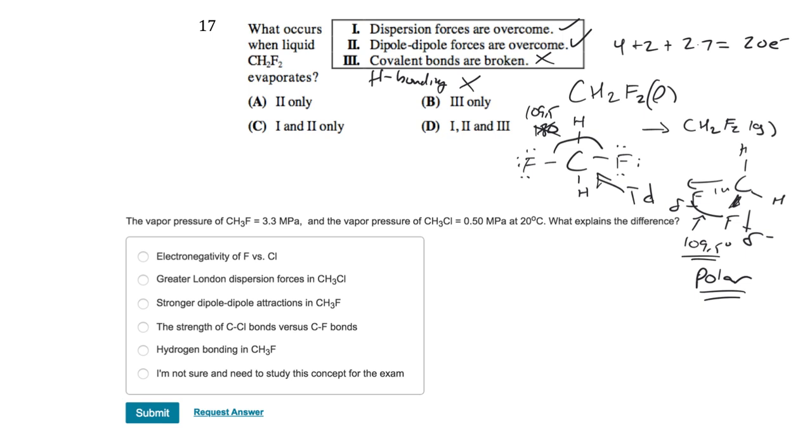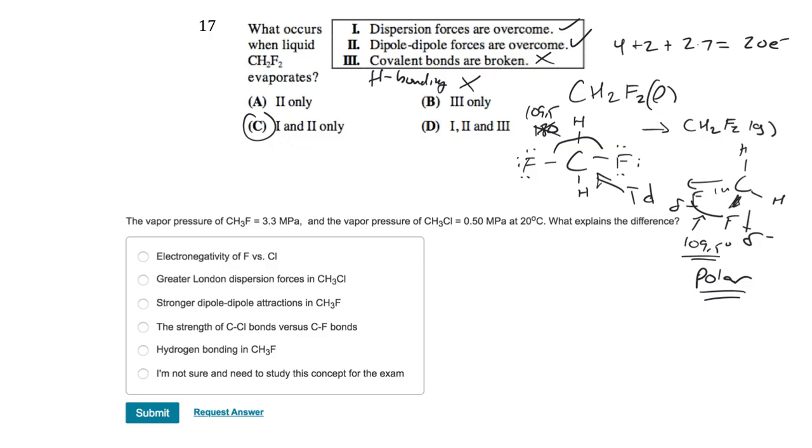So we have to overcome both the dispersion and the dipole-dipole force. But the key to knowing if a molecule has dipole-dipole forces is to assess whether or not it's polar, so we have to know our rules for determining polarity. The basic idea is to think about the 3D shape, and if you have the same atom in every spot of a trigonal planar, tetrahedral, trigonal bipyramidal, octahedral, or even linear shape like CO2, those would be nonpolar.